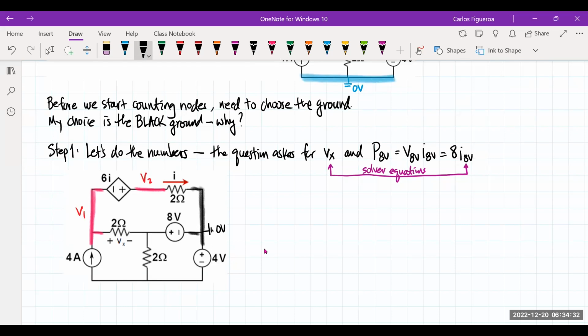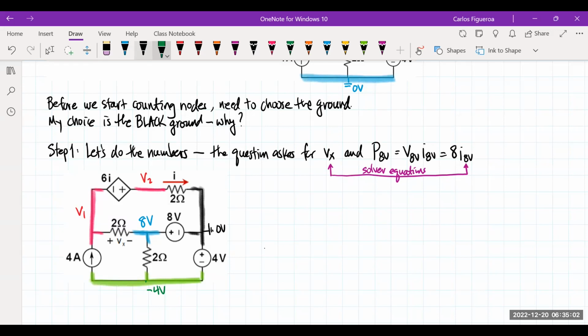And now because I chose that ground, note that this automatically means here that this guy is, of course, 8 volts. And because I chose the ground there, this means that this guy right here is going to be -4 volts. So you could see that the number of unknown nodes is really this 2, V1 and V2.